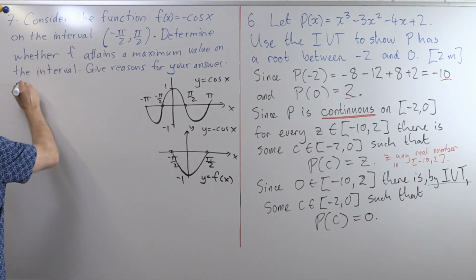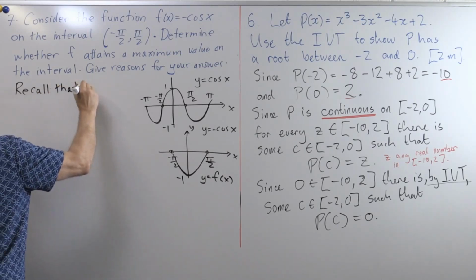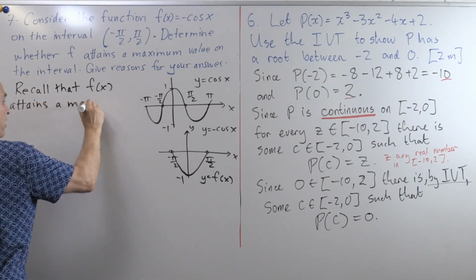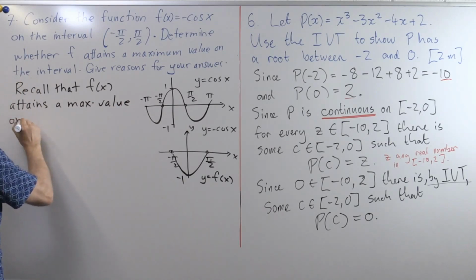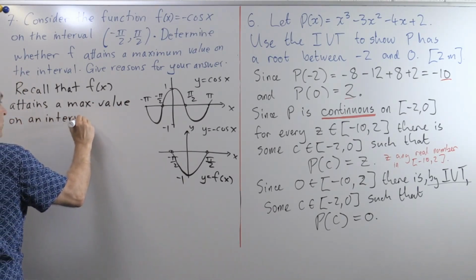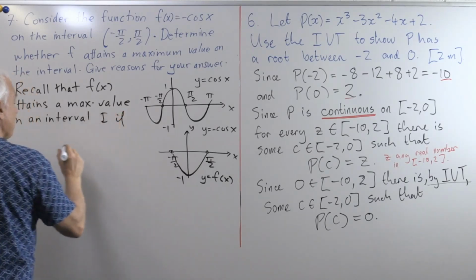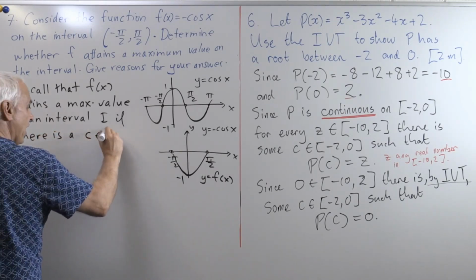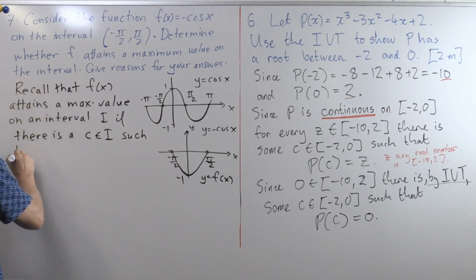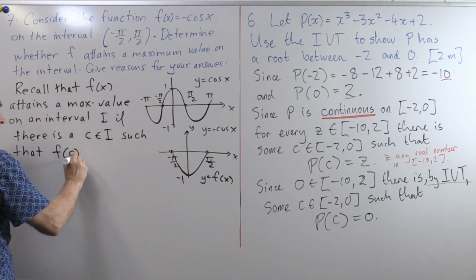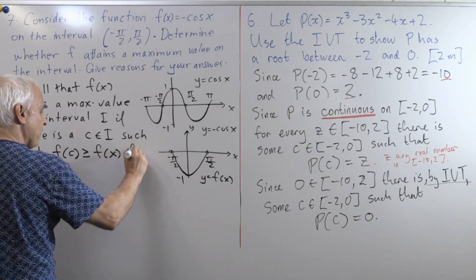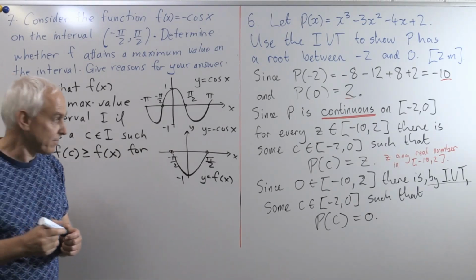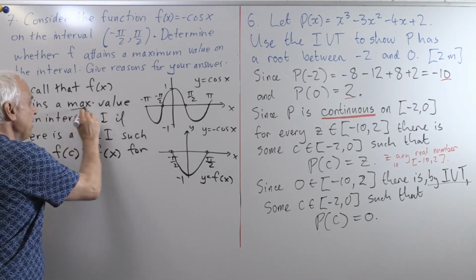Let's recall that f of x attains a maximum value on an interval, say I, if there is a c in that interval I such that f of c is bigger than or equal to f of x for all x in the interval I. Alright, so that's what it means to attain a maximum value.